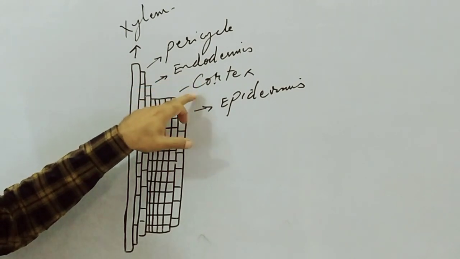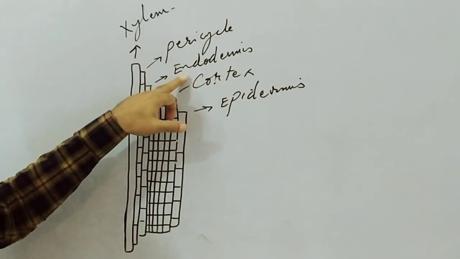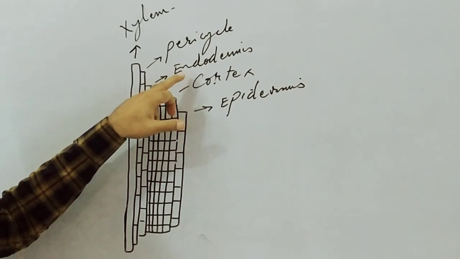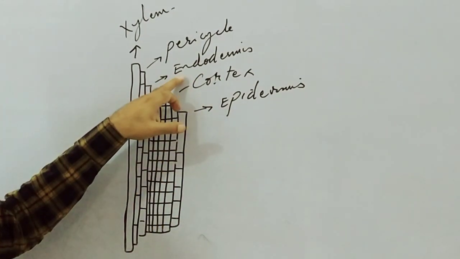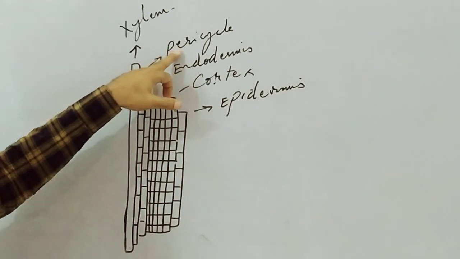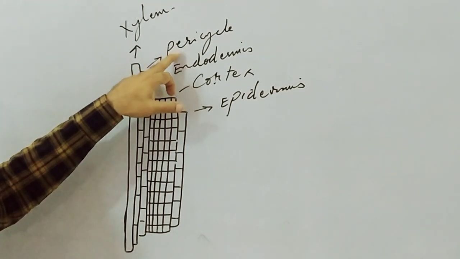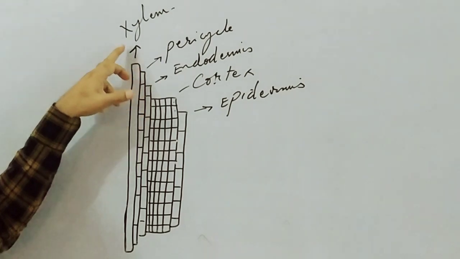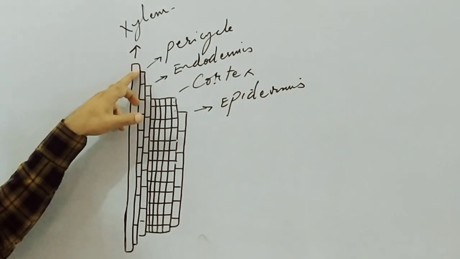Inner to the cortex there is the endodermis, also 1 cell in thickness. Inner to the endodermis is the pericycle, also 1 cell in thickness, and inner to the pericycle there is xylem, meaning wood.